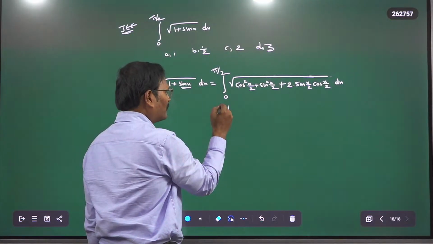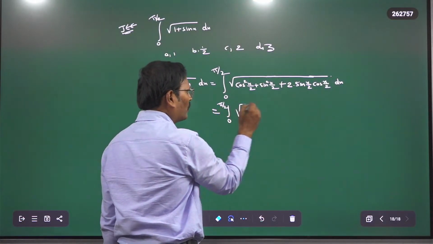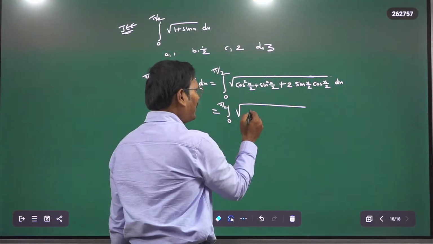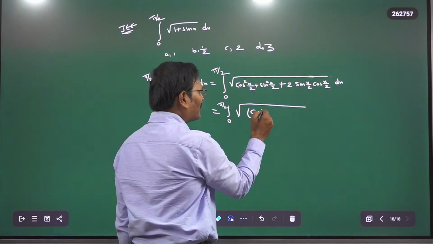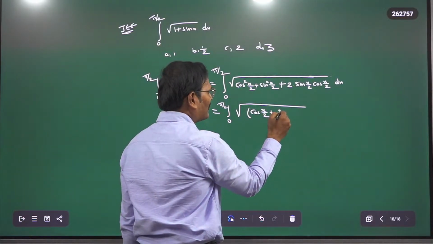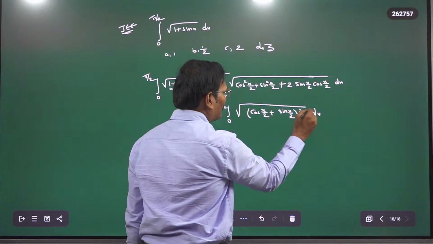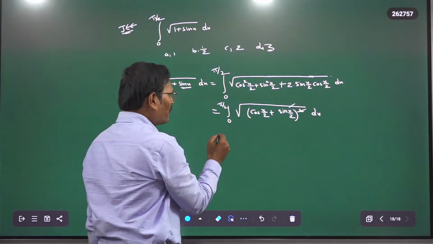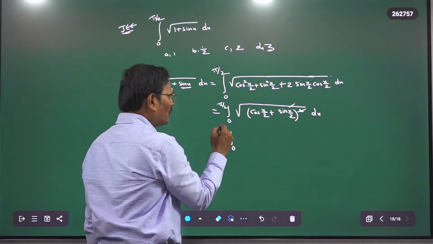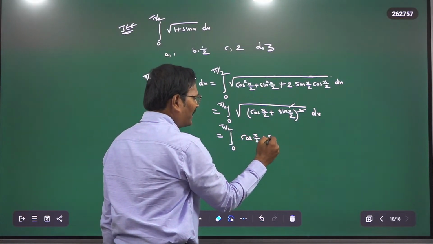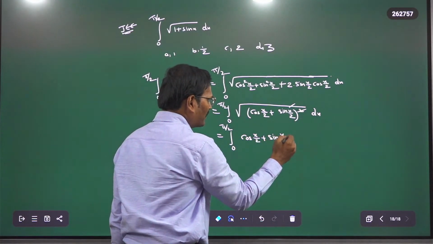So integral 0 to pi by 2 under root of a square plus b square plus 2ab. We can write it as cos x by 2 plus sin x by 2 whole square dx. The square root gets cancelled. So integral 0 to pi by 2 of cos x by 2 plus sin x by 2 dx.